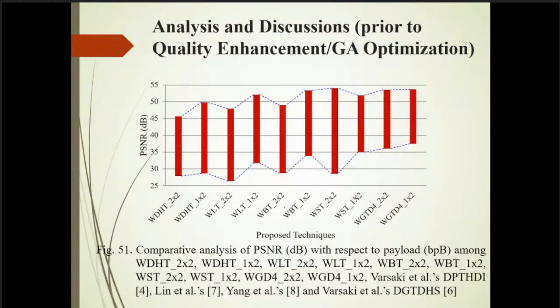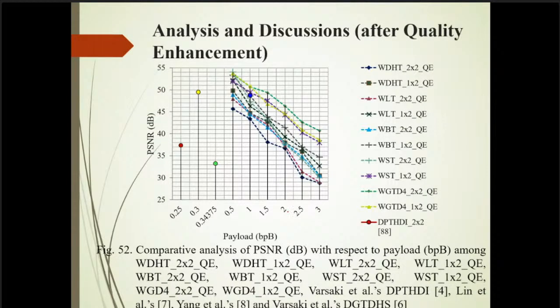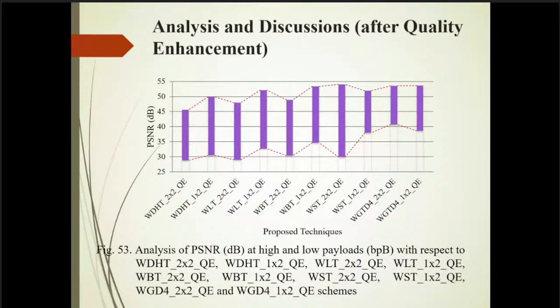And you see the PSNR deviation prior to the GA is more, but when I go for application of GA or quality enhancement, it is less.